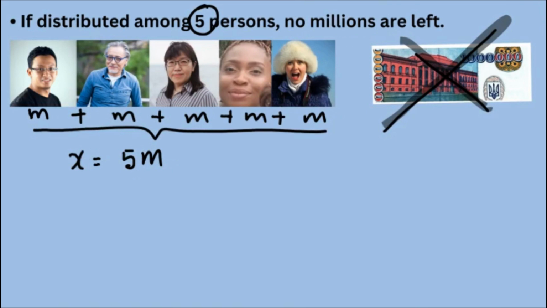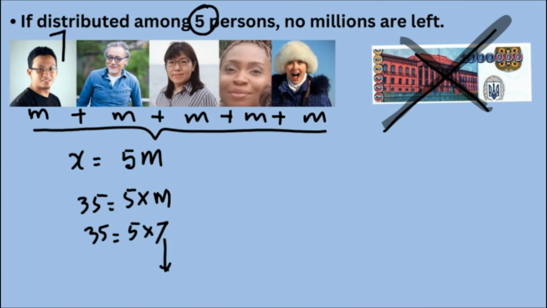Yes, here there are 5 persons and 5M, we have taken the total amount to be. So 35 is 5M, meaning 5 times M. 5 sevens is 35, we know that. So each one would get 7 million.